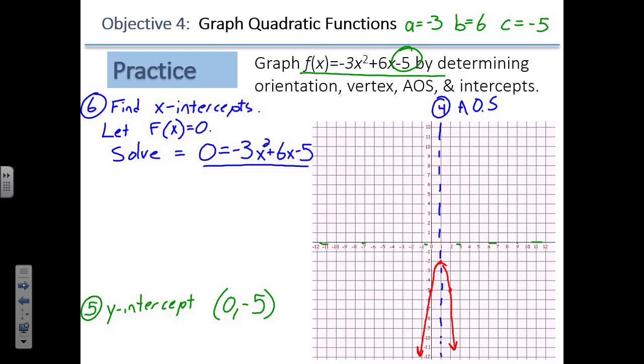Let's use the quadratic formula this time. The quadratic formula says x equals -b plus or minus the square root of b squared minus 4ac, all over 2a.